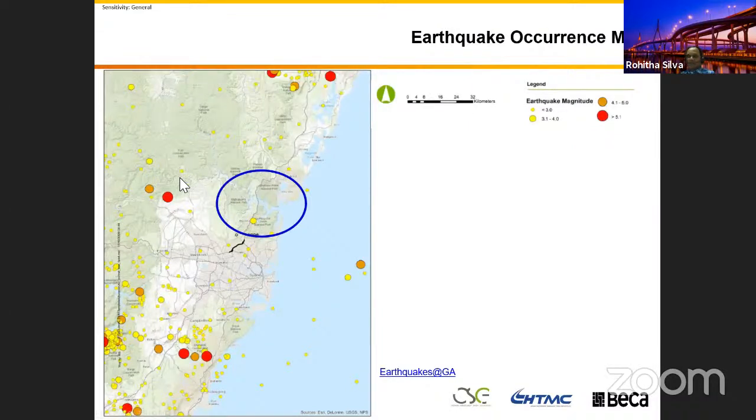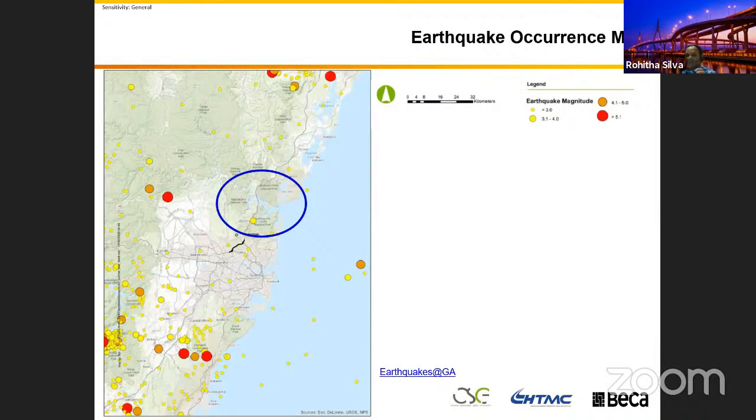There are a couple of red points here, and a lot of yellow points around here on land. So you can see it's happening all the time. You need to be really mindful when you design your bridges and long structures, and pay attention to earthquake design.